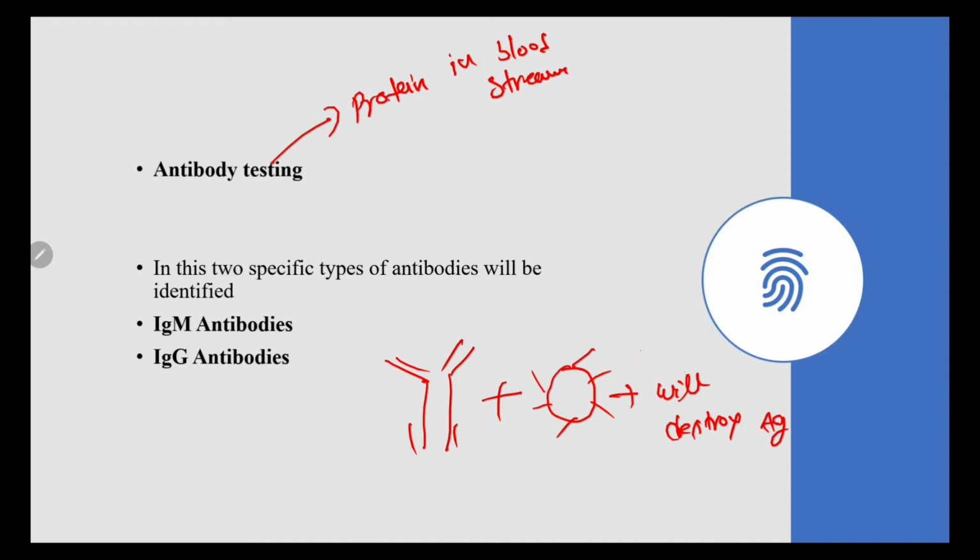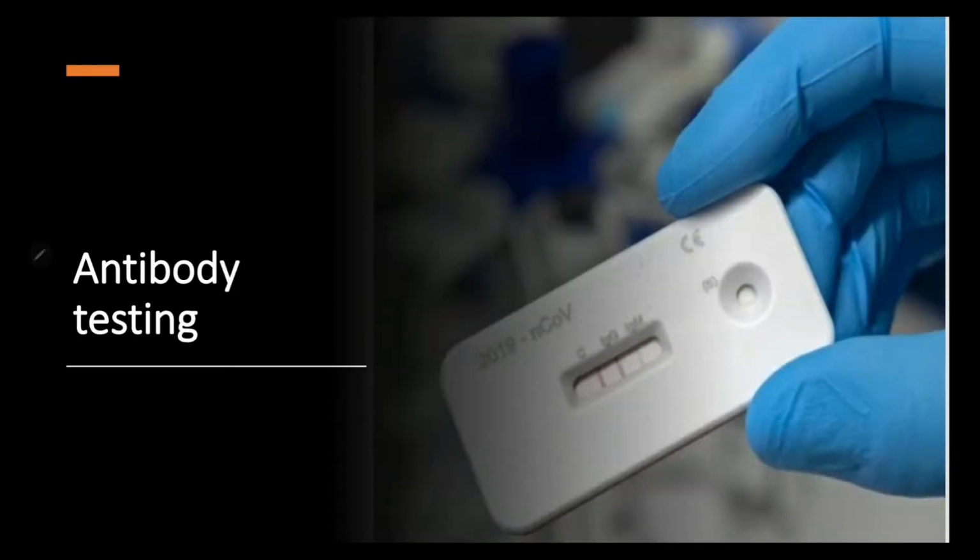For this process, our immune system produces two types of antibodies, which are nothing but IgM antibodies and IgG antibodies. So what is the procedure for this test? For antibody testing, blood will be collected either by finger prick or by using a syringe. That blood drop will be added here.